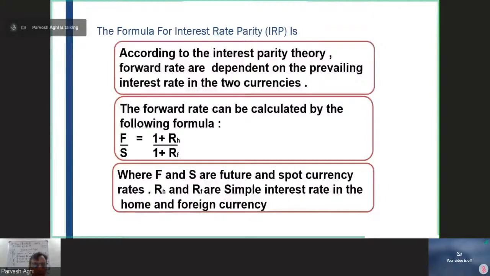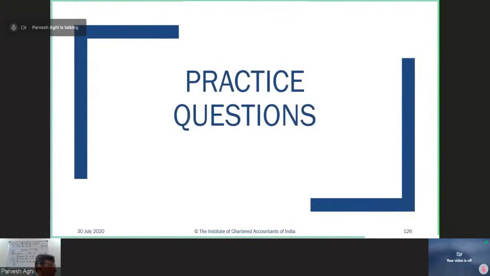It says F divided by S, where F is the forward rate which you want to know and S is the current spot rate, is equal to 1 plus the interest rate in the home currency, RH, divided by 1 plus RF, that is the interest rate prevailing in the foreign currency. So this is the formula we use to arrive at the forward rates as per the interest rate parity theory. Okay, fine. So now we will be doing some questions from the study material.